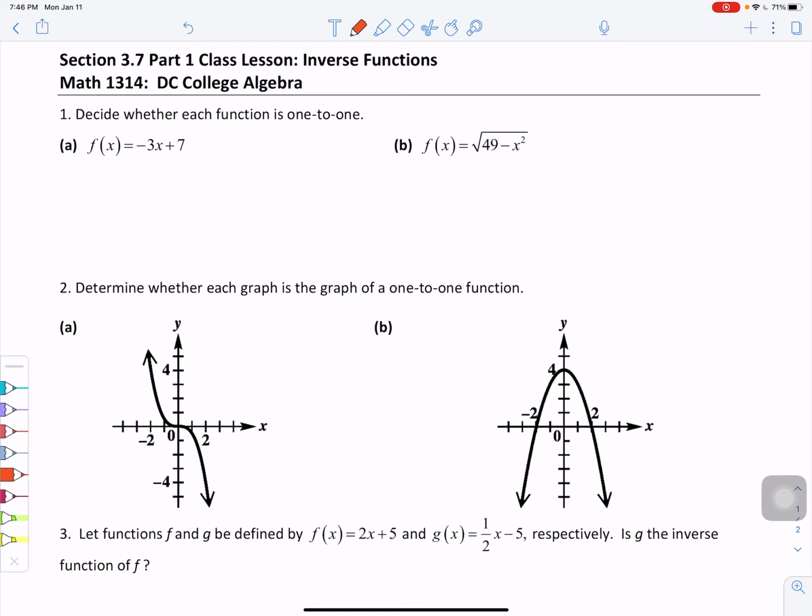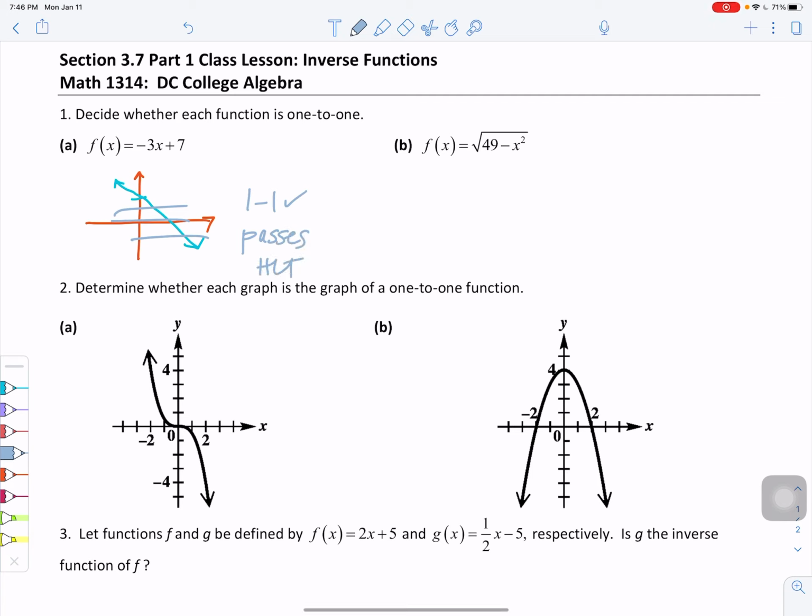Now notice in this first function, this is a line with a slope of -3 that passes through positive 7. So obviously, this is one-to-one. It passes the horizontal line test.